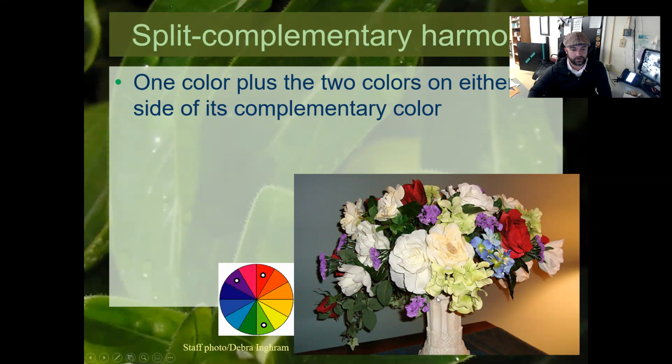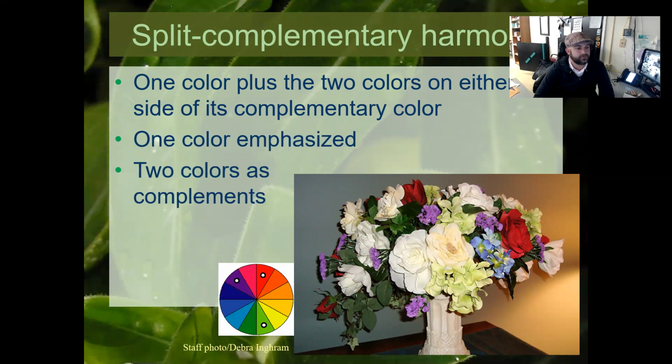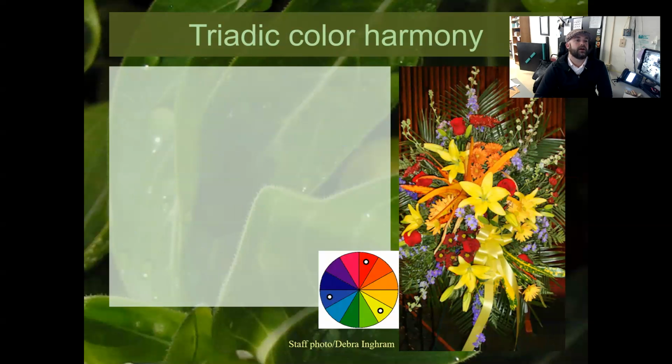So if we take a look at our picture down here on the bottom, you have your green hues, some violet hues, and then some red hues. So one color is going to be emphasized, two colors are going to be complements. Green is definitely the main color here, and it's being complemented by blue and red, or purple and red.